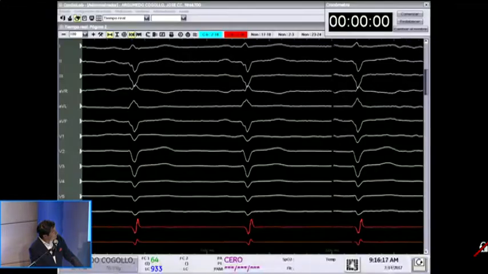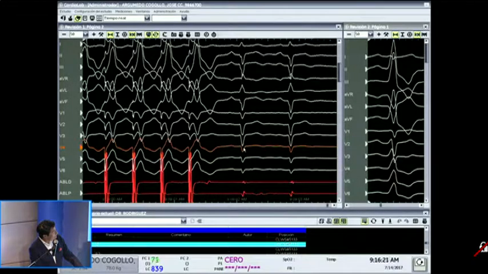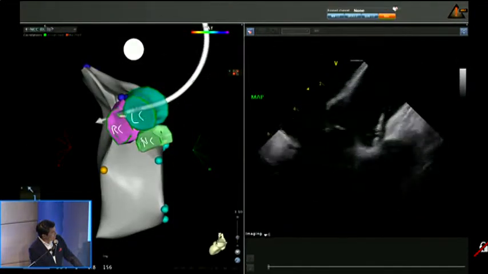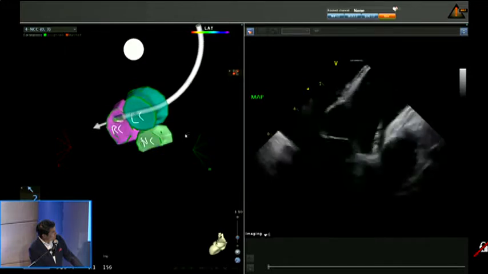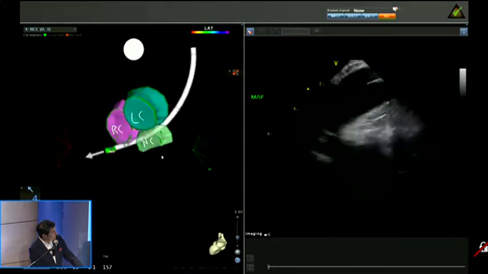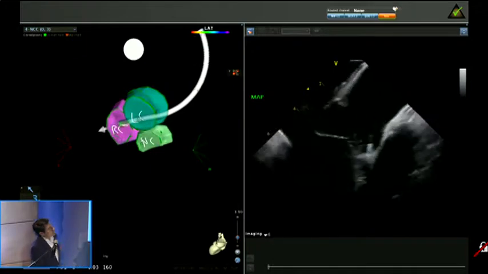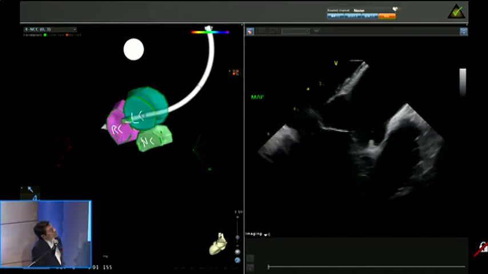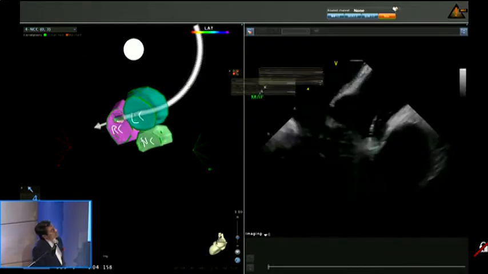No, that's the polygraph. The other CARTO screen, please. We can show the passage on this screen. Can we show the passage on this screen?